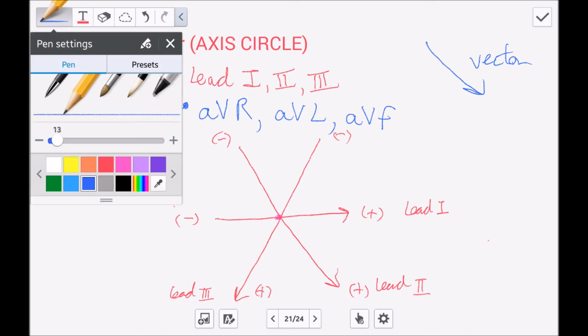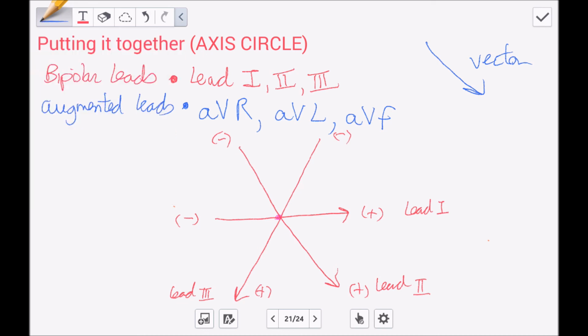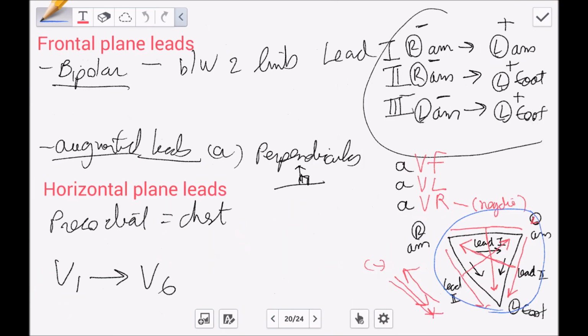Now let's plot our augmented leads. Start with AVR. Remember which side AVR was looking at? AVR was looking up towards the right hand, right? Lead AVR is perpendicular to lead 3.